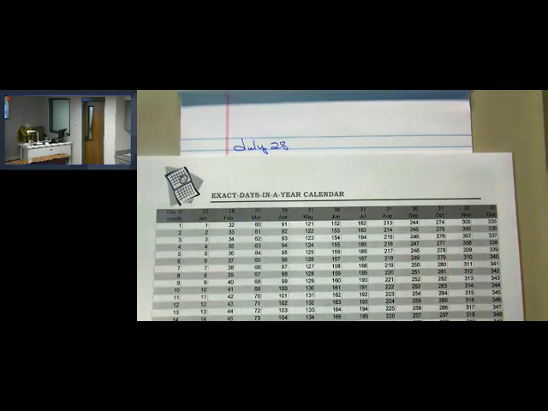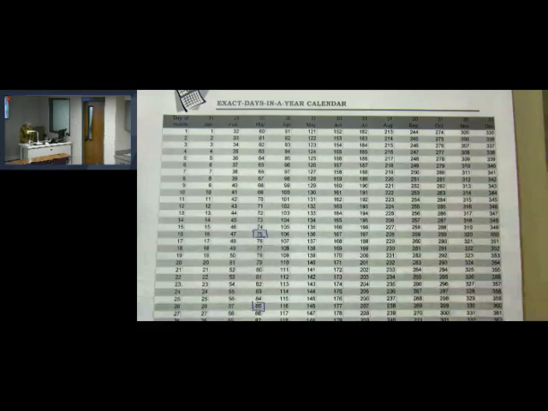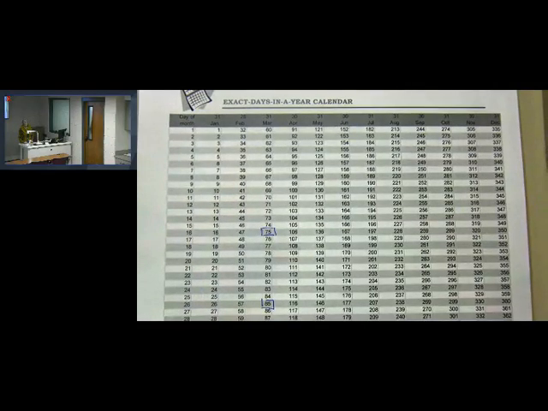So my bill came out July 28th, which is a really good day for me because that's my birthday. All right, so July 28th is day 209. How did I find that? Well, I looked at the days of the month, and I said, here's July 28th. There's July 28th right there.